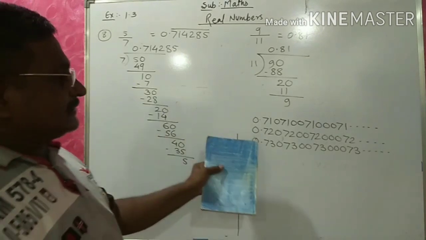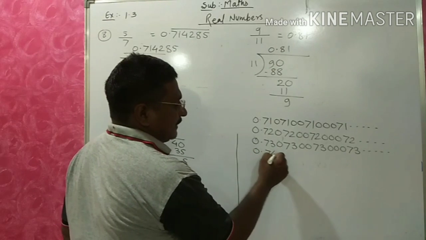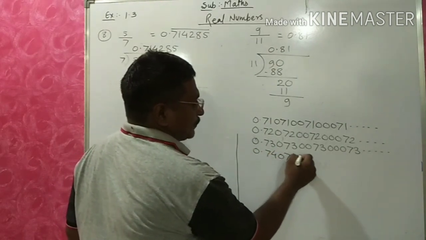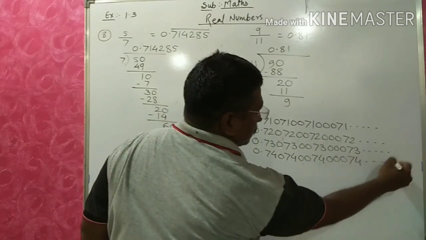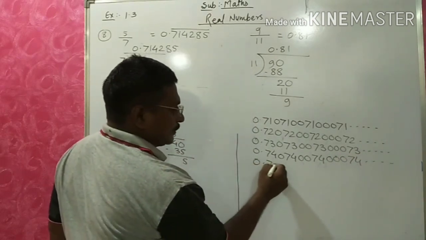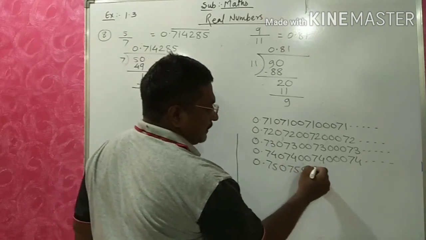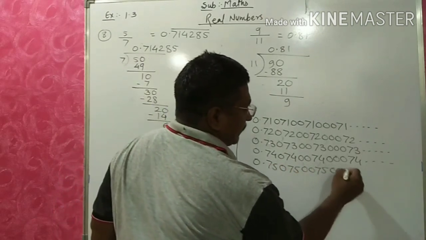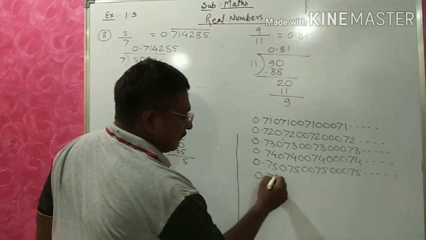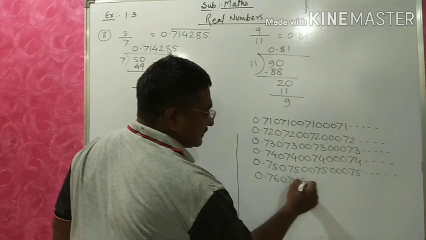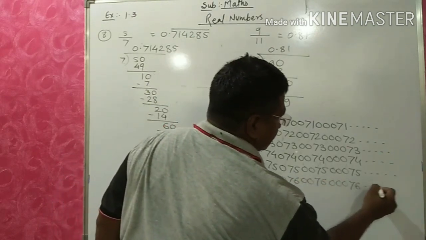See here, some I will write again: 74, 75, 0, 75, 00, 75, 000, 75, 76, 0, 76, 00, 76, 000, 76.